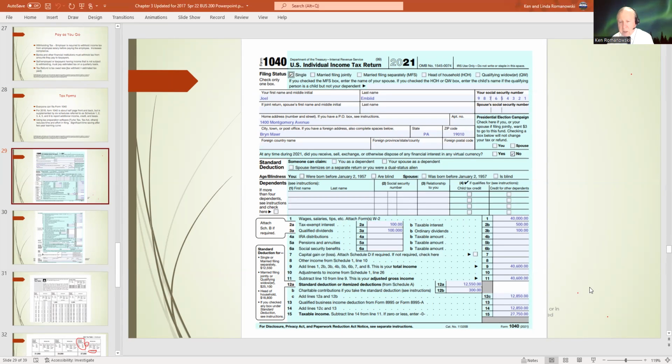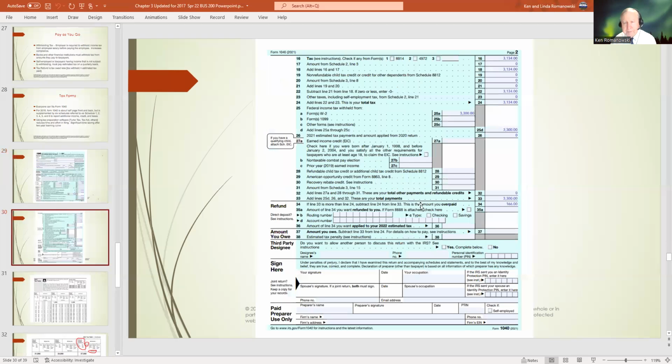Remember, the adjusted gross income, the AGI, is before certain items have been deducted. But now these items have been deducted, and this is now your taxable income. So you're going to pay tax on $27,750. So now we're at the bottom of the page. We're going to move to the next page.